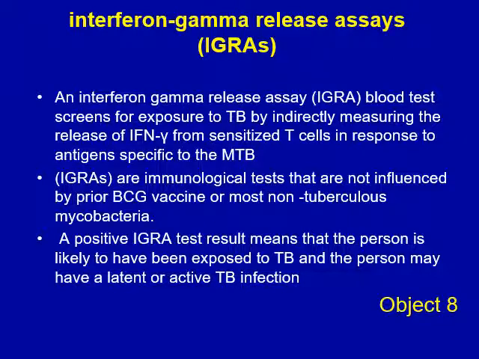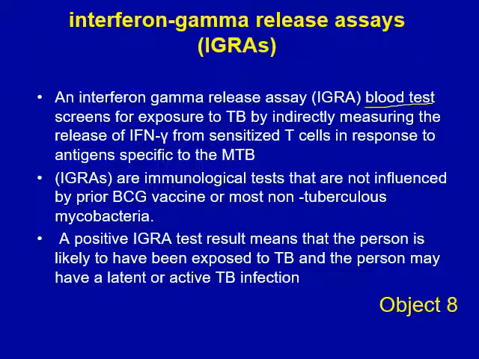The interferon gamma release assay is a blood test to screen for exposure to the TB by indirectly measuring the release of the interferon gamma from sensitized T cells in response to the antigen specific to Mycobacterium tuberculosis.